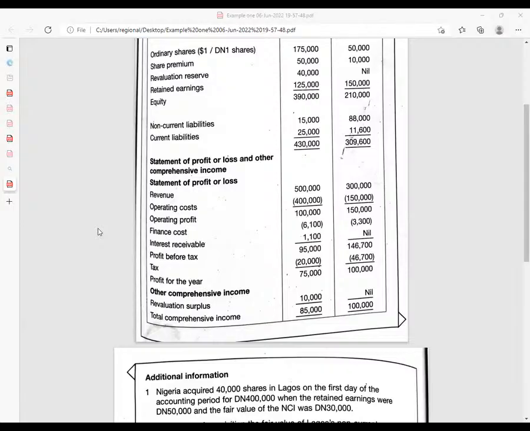And I'll be bringing here the group exchange gain. Very important. Group exchange gain, for me to be able to get what we call the total comprehensive income. I'll get all the marks here.